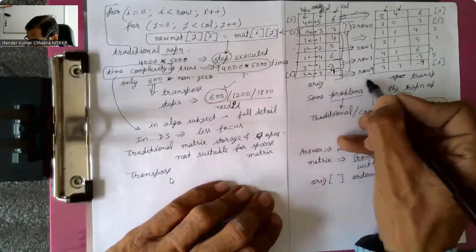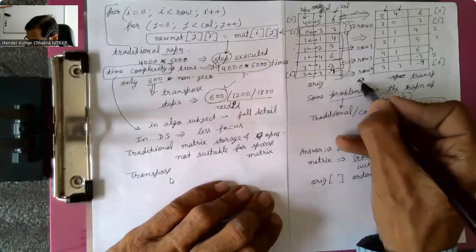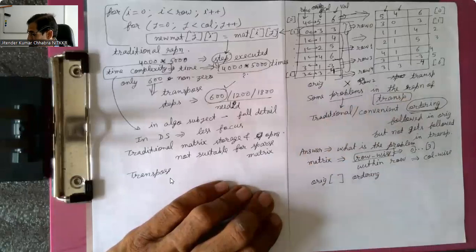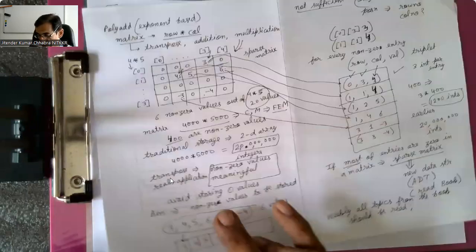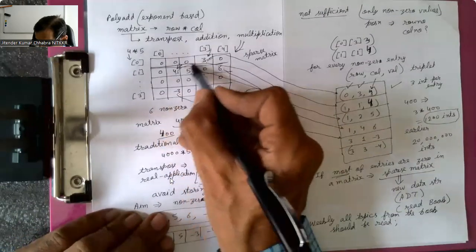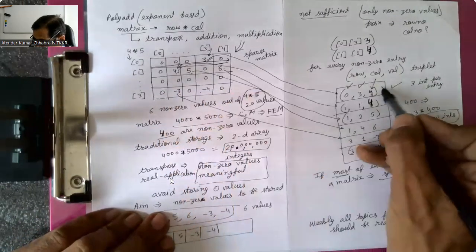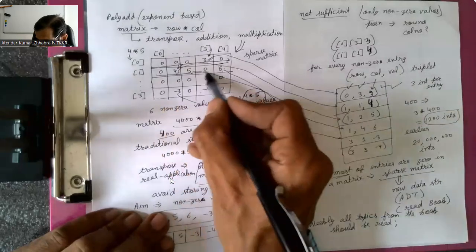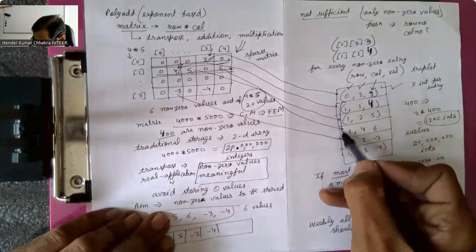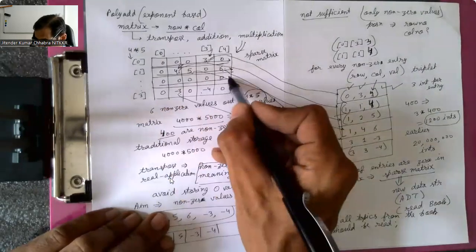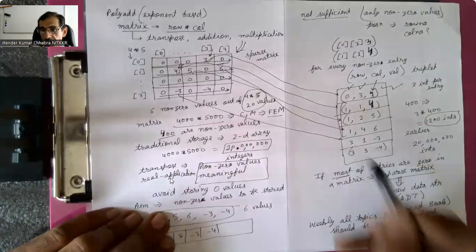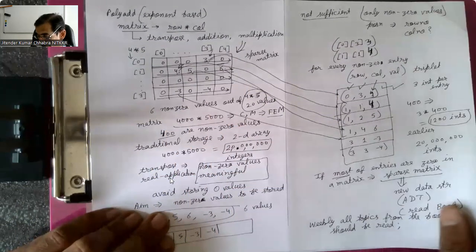I can't have any entry of, let's say, row 2 here because this is where I stored row 1. See, if you see the previous representation, we started like that. All non-zero values from row 0 stored here, all values from row 1 stored next, all values from row 2 stored next, all values from row 3 stored next. So this is how we store.